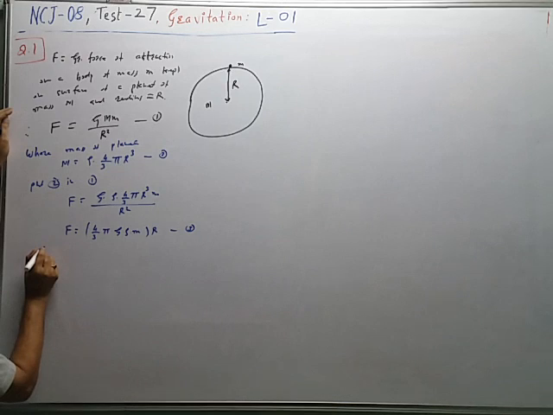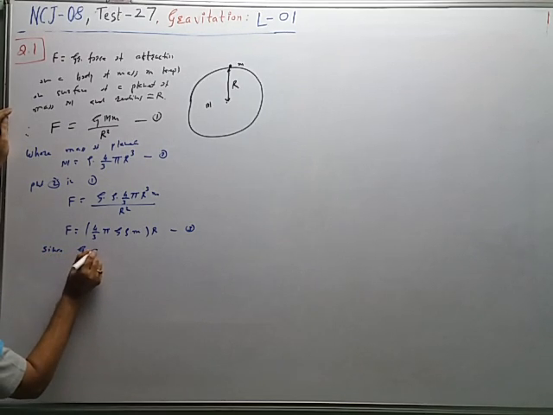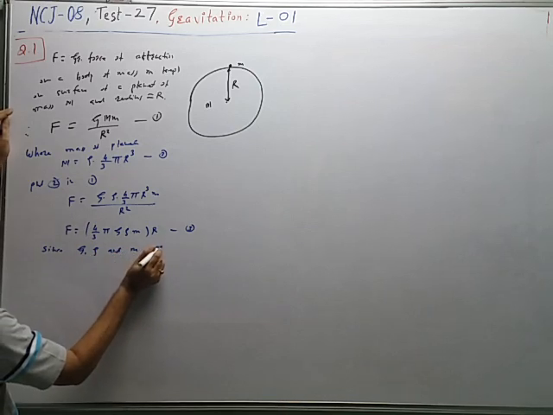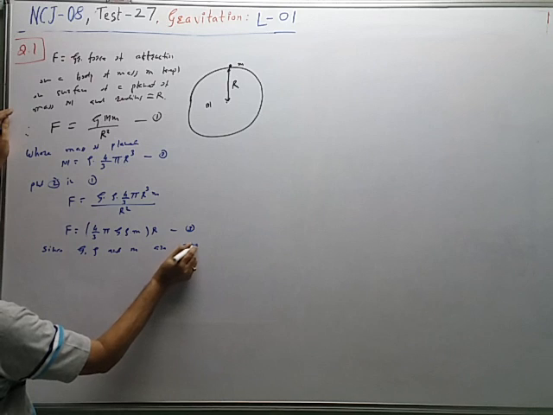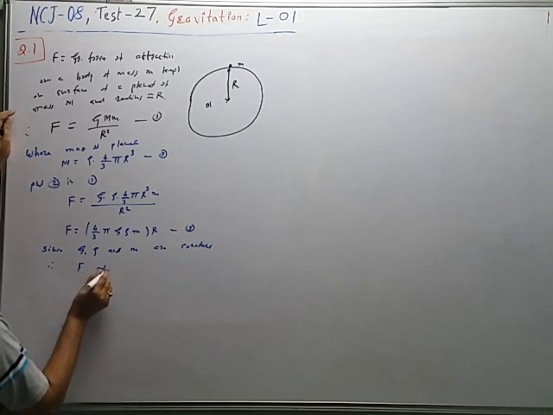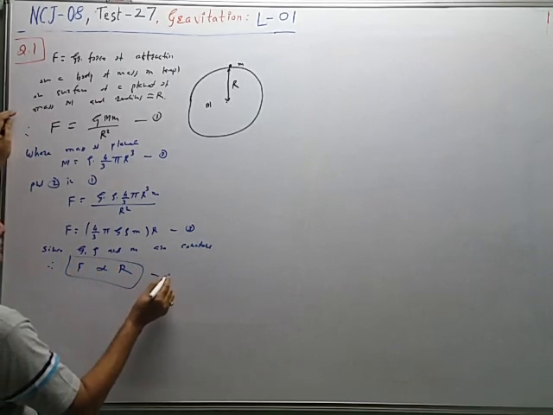So since G, rho and m are constant, F is directly proportional to R. This is equation 4.